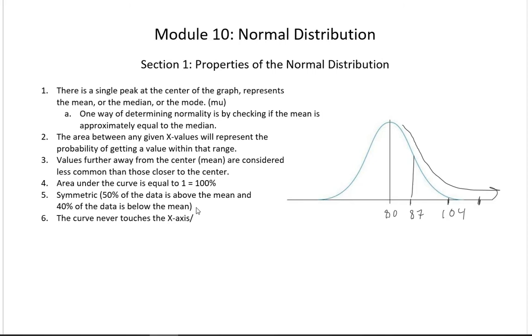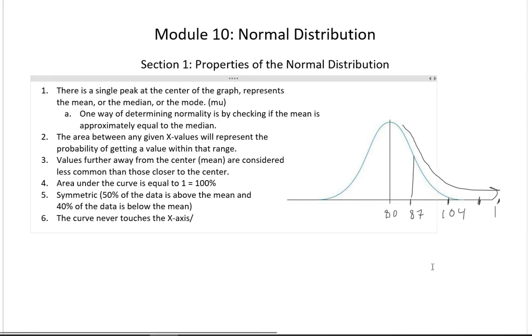So maybe between this value and this value, there is some positive area there. And that way, we can talk about the probability up there, even if that probability is incredibly unlikely. We always consider that there is area up there, which means technically that this graph spreads from negative infinity up to positive infinity. It's just the closer and closer you get to those infinities, or the further away you get from the mean, the less likely it is.